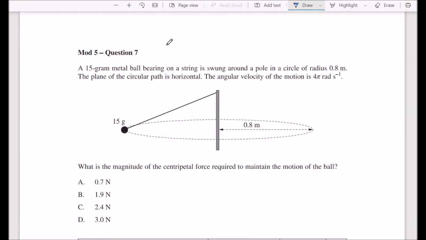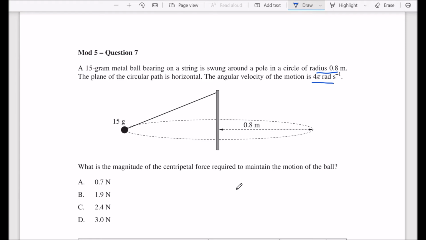Question 7. A 15-gram metal ball bearing on a string is swung around on a pole in a circle of radius 0.8 meters horizontally. The angular velocity is 4 pi rad per second. What is the magnitude of the centripetal force required to maintain the motion of the ball?